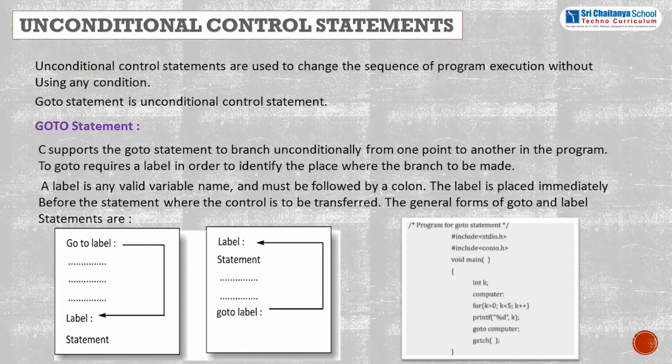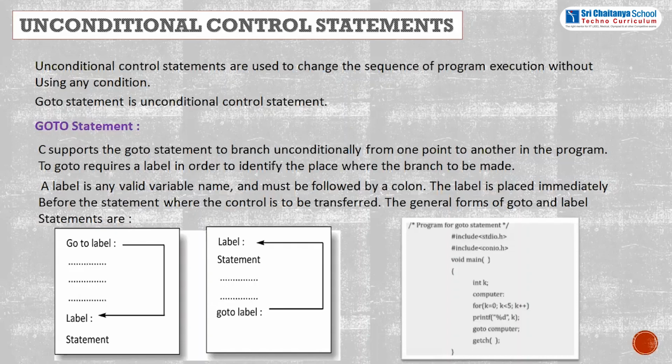Once the goto statement is executed, the control is directly transferred to the label part. Inside the label part, we have our statements. After the statements inside the label are executed, control goes back to where it was transferred from. Come, let's understand with an example.